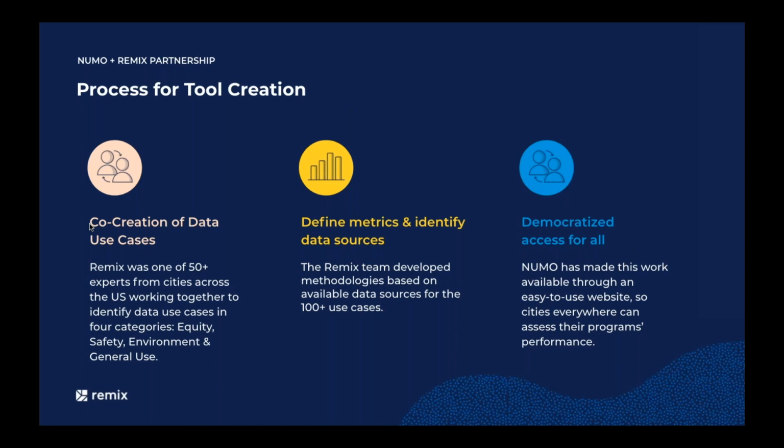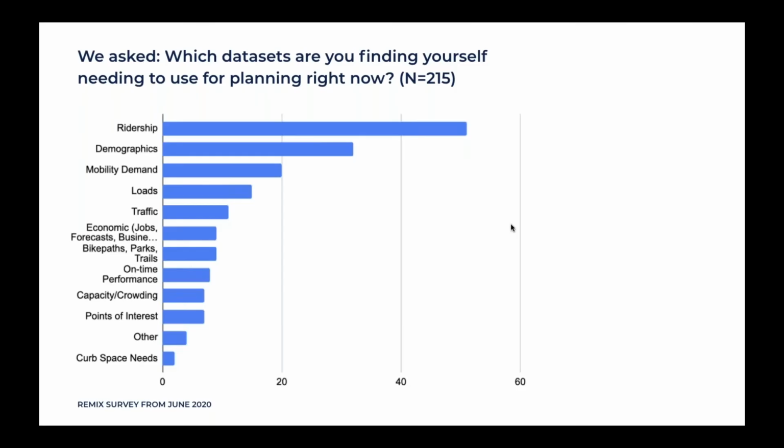That second process is really the part that Remix dug in on. The reason we wanted to do this is it's very much in line with our goals, which is democratizing access for all to figure out how to create more livable cities. And creating more livable cities is really the mission of Remix.